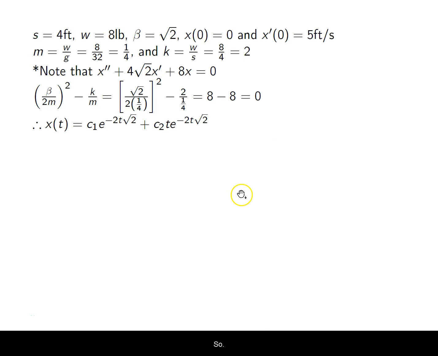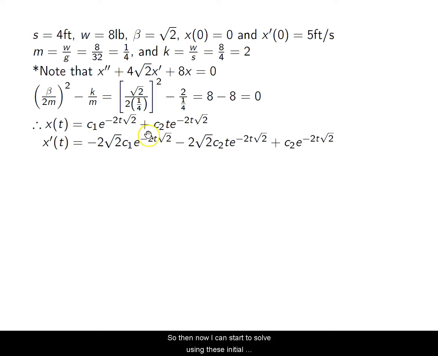So negative beta, that's where the root 2 goes, over 2m, so 2 times 1/4, which is really just this thing without the square. That gives me 2 root 2, which when squared gave me the 8, but I got negative 2 root 2. So this is my solution. Don't forget that constant to keep it linearly independent, because it's a repeated root due to case 2. Now I can start to solve using these initial conditions.